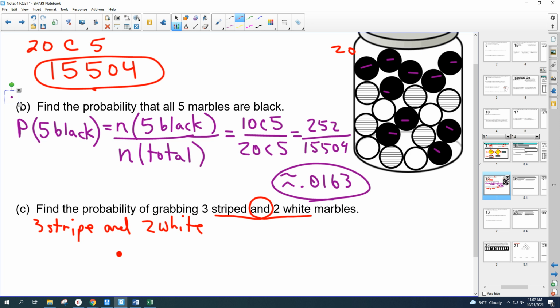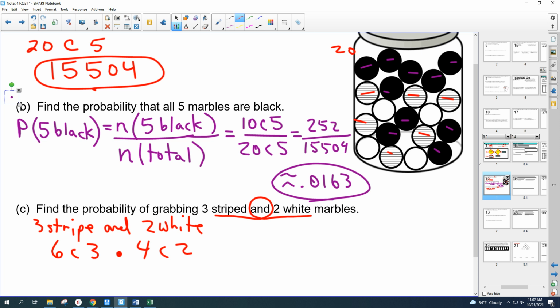I want 3 stripes, but 3 stripes out of how many stripes? 6. So I've got 6, and I'm going to choose 3 because order doesn't matter. I want 3 stripes out of the 6 stripes. And I want 2 white. Group from a group. It's 2 whites out of 4 whites. Order doesn't matter. That's how many ways of doing what I want to do.